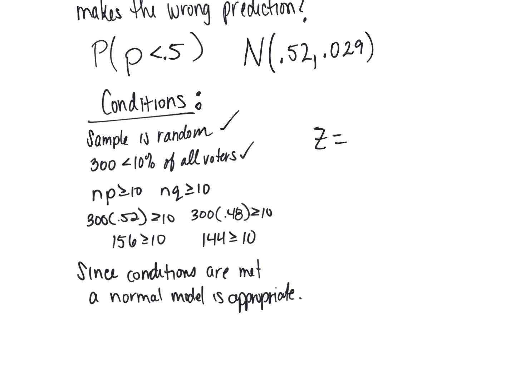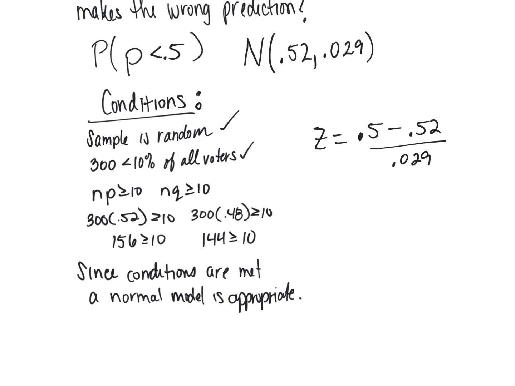I want to know what's the probability that their sample gives us less than 0.5. So 0.5 minus 0.52 over the standard deviation. Sample, or what you're asked about, minus your mean. Your mean is the proportion in this case, divided by your standard deviation. Sample minus mean divided by standard deviation. That's not going to change.